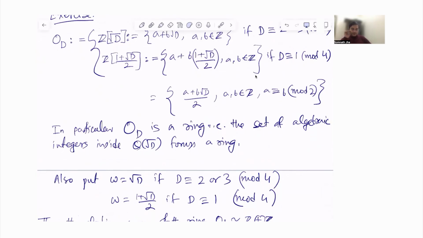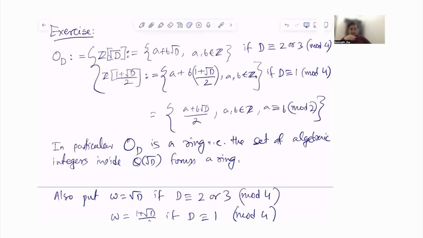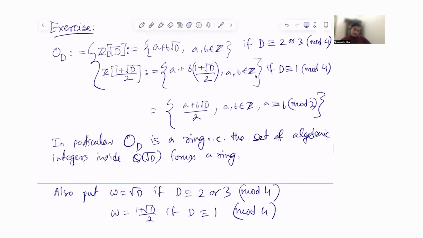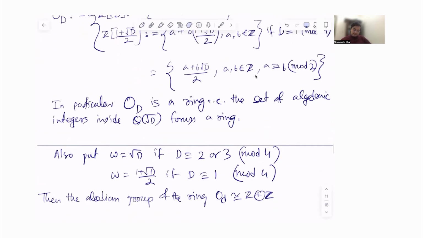Such things you can check that this forms a ring. So if you take two elements here, their sum will be here, their subtraction will be here, their product will be here, one belongs here. So the set of algebraic integers here forms a ring, and if you look at the abelian group of this ring, then this is two copies of Z. Okay, Z plus Z omega.